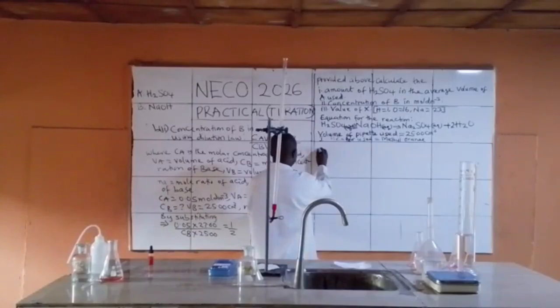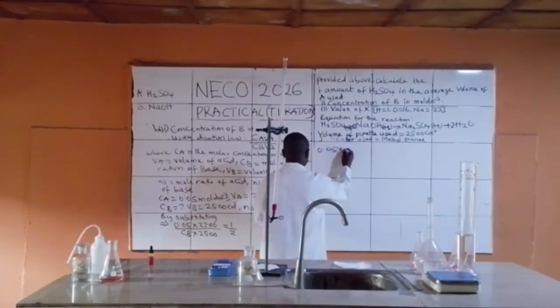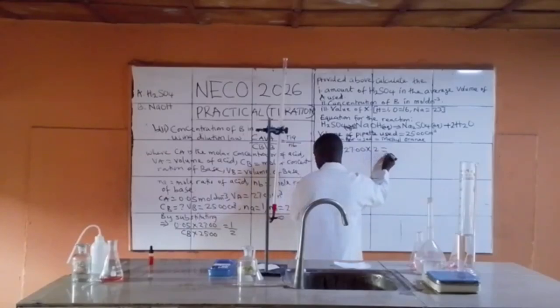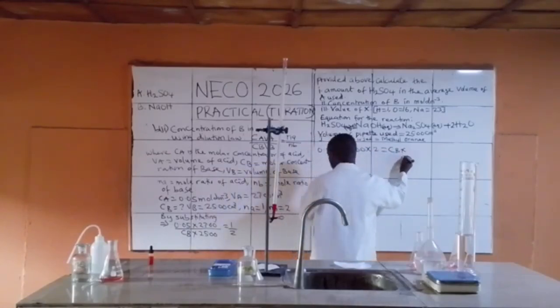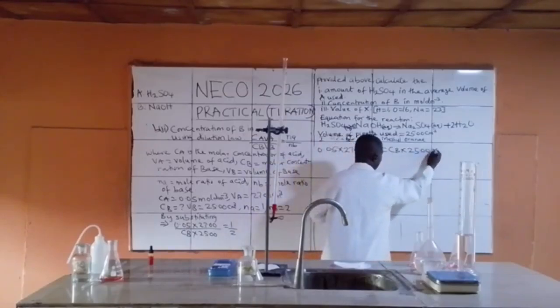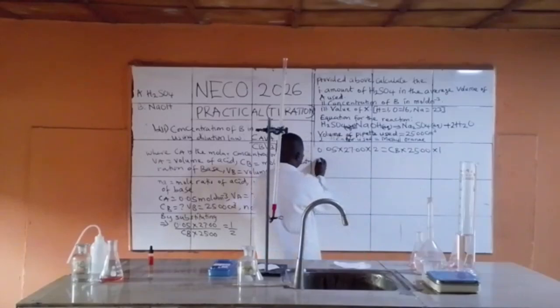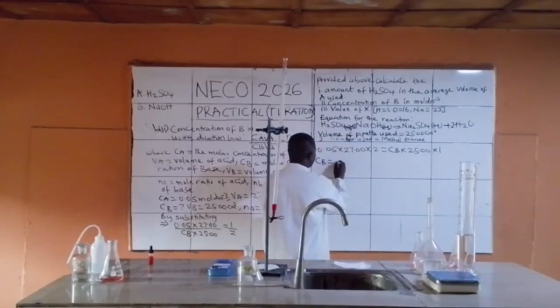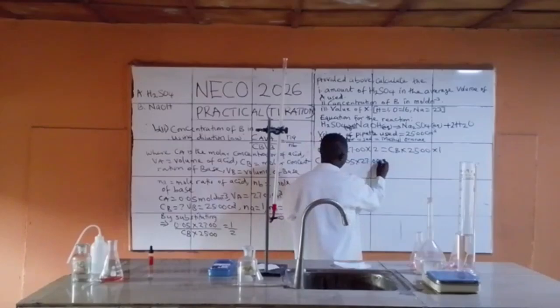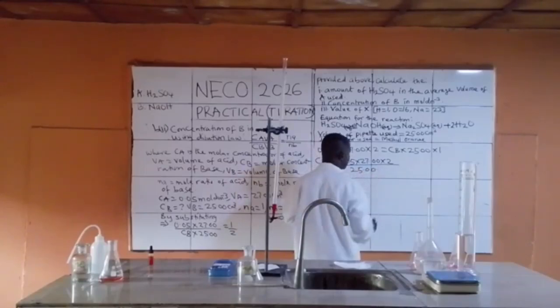By cross multiplying, we have 0.05 multiplied by 27.00 times 2 is equals to CB multiplied by 25.00 times 1. Here, CB is made the subject of the formula. We have CB is equals to 0.05 times 27.00 multiplied by 2 all over 25.00.